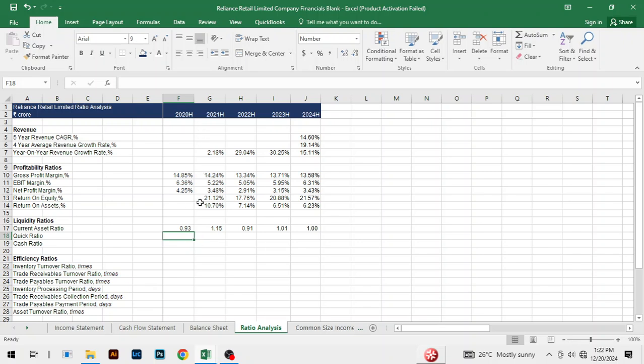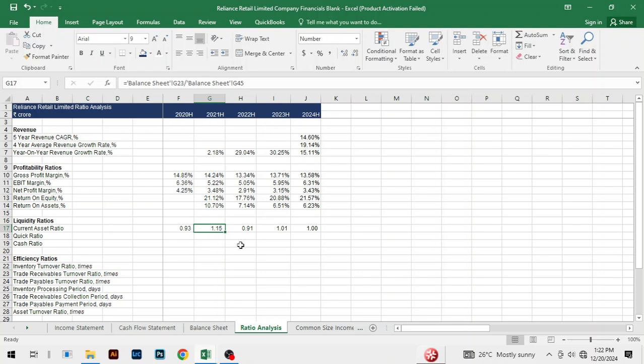For example, in 2020, we are seeing that the company had about 93 cents per each dollar of current liabilities. So you can actually say that its current assets were not enough to cover current liabilities.